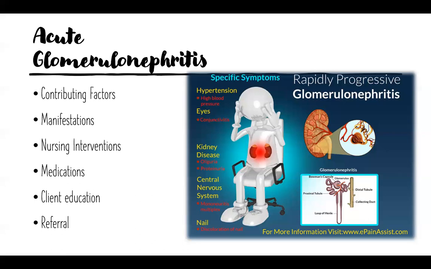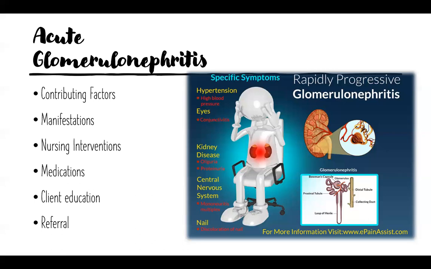So the manifestations of acute glomerulonephritis: hematuria, or cola or tea-colored urine with proteinuria, and that is protein in the urine. There may be edema, especially facial edema and periorbital edema. That's edema around the eyes. The patient may also have ascites.